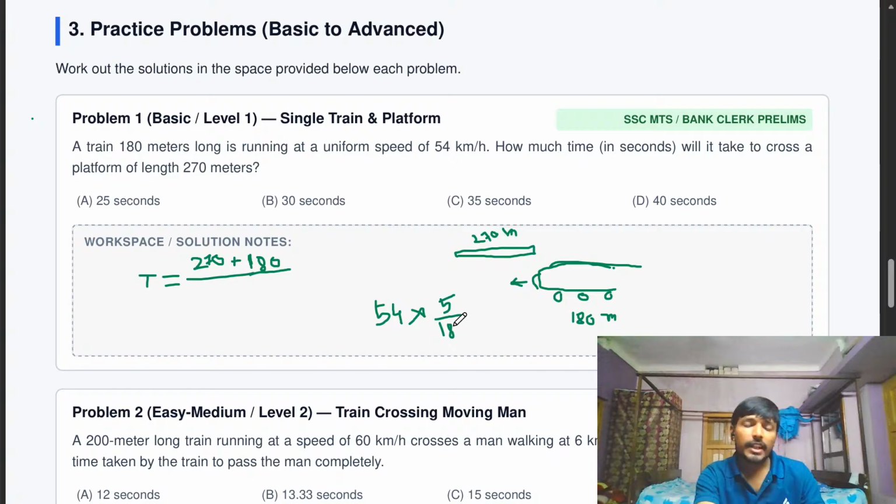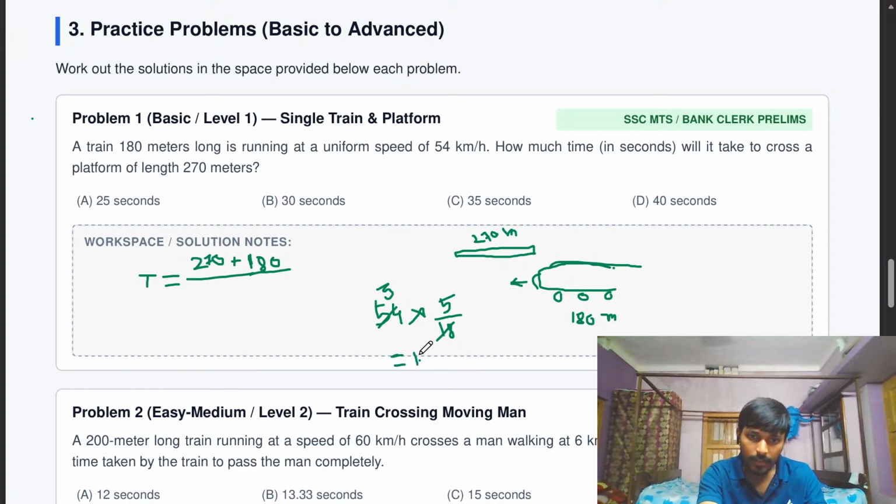So 18 times 3 is 54, and 5 times 3 is 15. So 54 kilometers per hour means 15 meters per second.